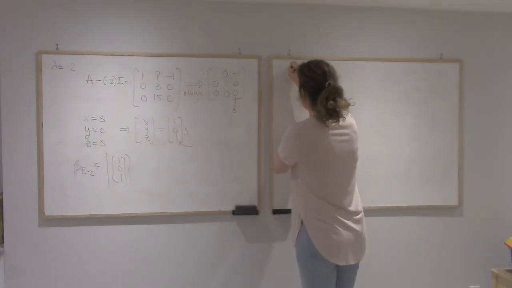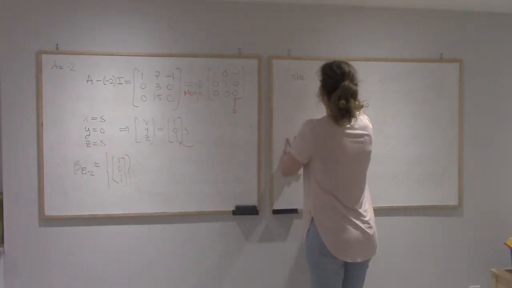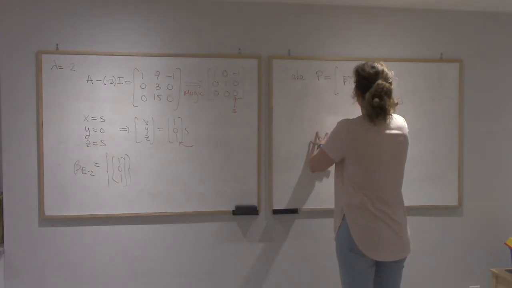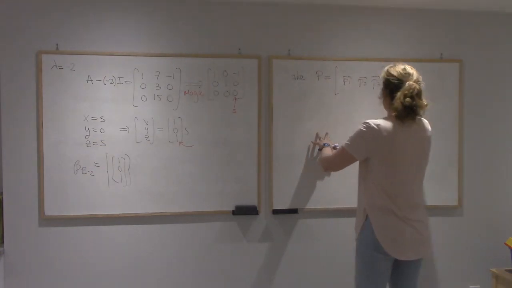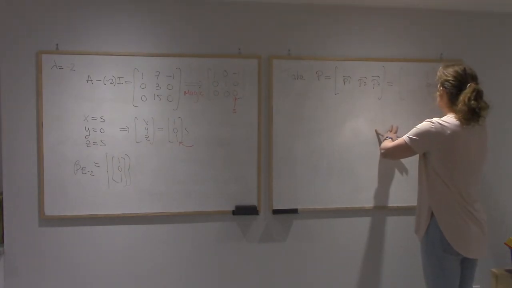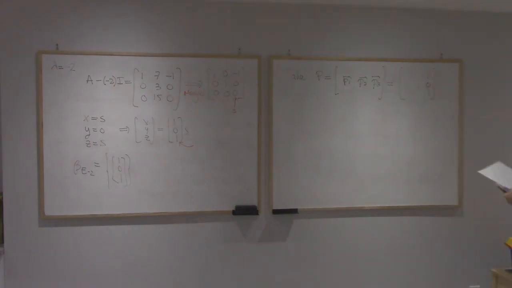So I'm going to take P to be P1, P2, P3. P3 is still on the board, so let's use that: 1, 0, 1. P2, I don't remember.